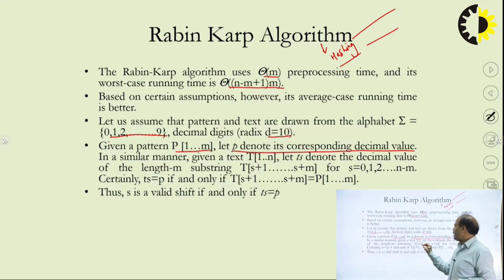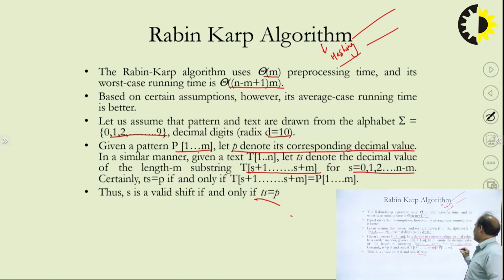Same thing, we have a text of length n. If the pattern is of m length, we take all the shifts and compute the decimal value for each. If we range s from 0 to n minus m, we can compute the decimal value for the individual shifts.